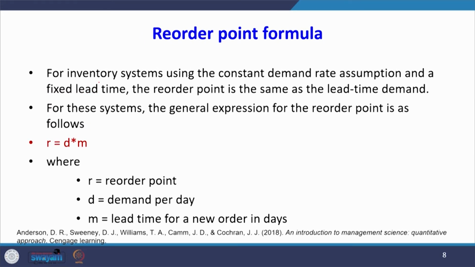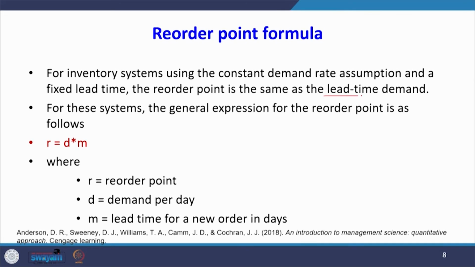For example, this problem can be solved by using a formula, the reorder point formula, for an inventory system using constant demand rate assumptions and a fixed lead time. Here you remember the lead time is fixed and the demand rate is also fixed. So, the reorder point is the same as the lead time demand.